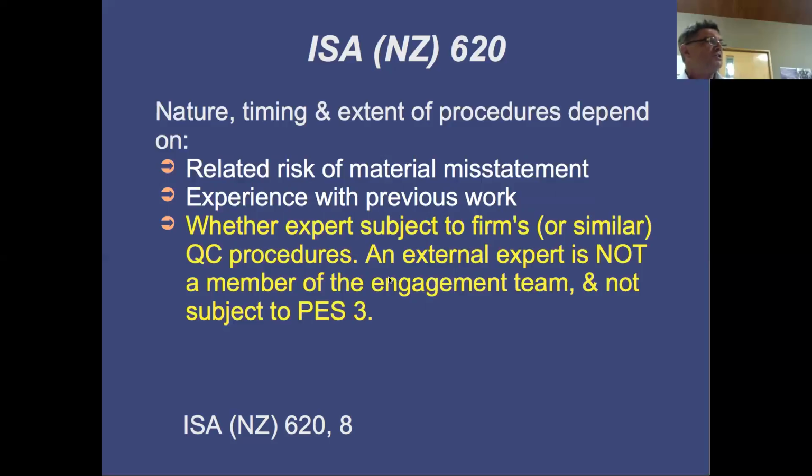We have to consider. We don't have to impose them, but we might want to. We might very well want to say, well, what are your internal quality control procedures? And fascinatingly, an external expert is not a member of the engagement team and is not subject to PES 3.